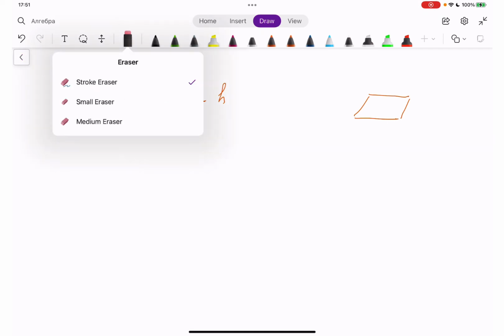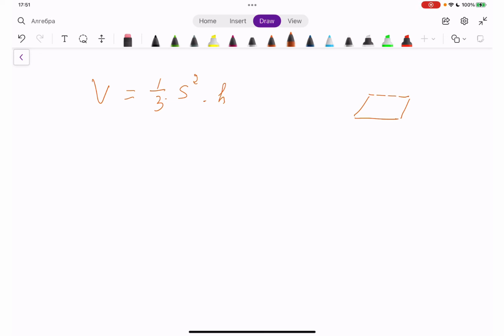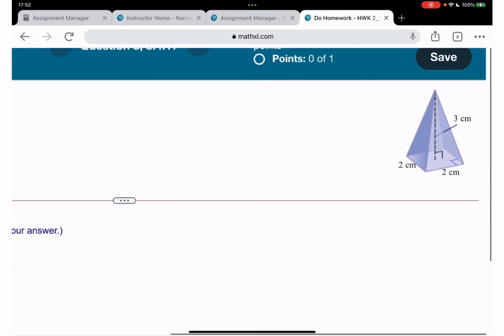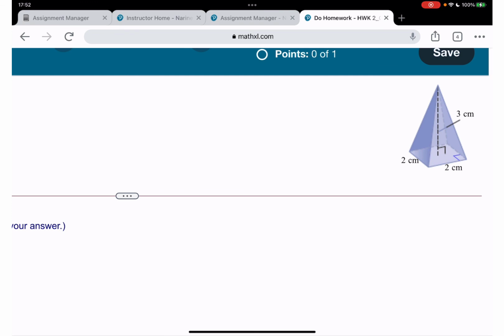Okay, let me make it small, and it's going to go like this. Square-based pyramid, and the bottom is what size? It's going to be 2, and the height is 3.